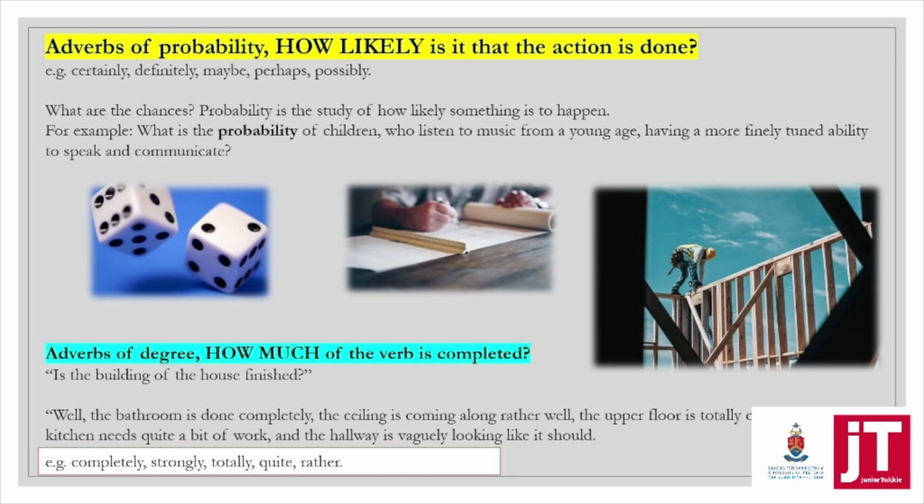How likely is it that the action is done? I'm not sure when in mathematics you start to do probability. I don't think it's from grade 8 yet, but one day in maths, you are going to look at some dice and hopefully the teacher will give you some dice to physically roll. If you've never dealt with dice before, they have 6 sides and the sides differ from 1 to 6.